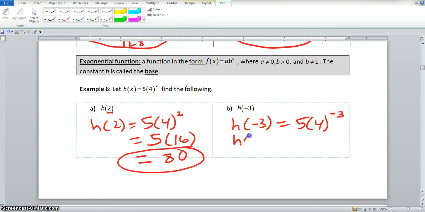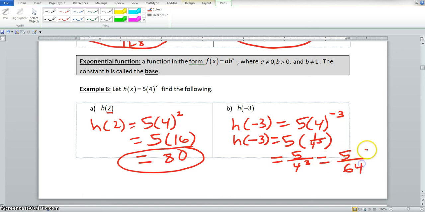So h of negative 3 is equal to 5 times, we know 4 to the negative 3 will give us 1 over 4 cubed, which is the same thing as 5 over 4 to the third power, because 5 times 1 over 4 cubed is 5 over 4 to the third power, which is equal to 5 over 64.